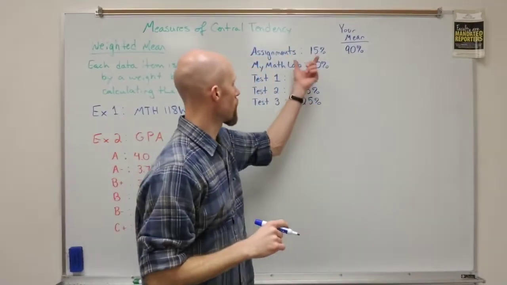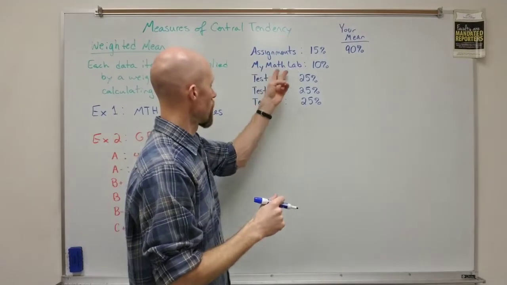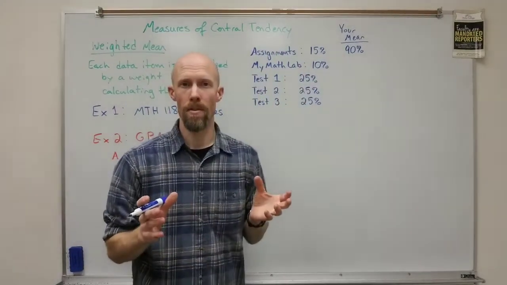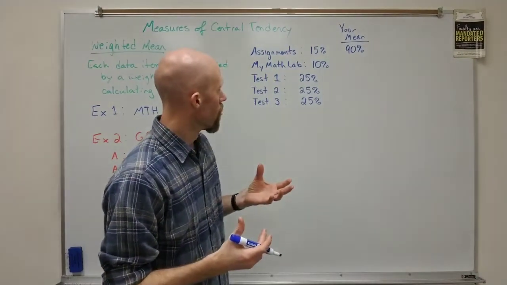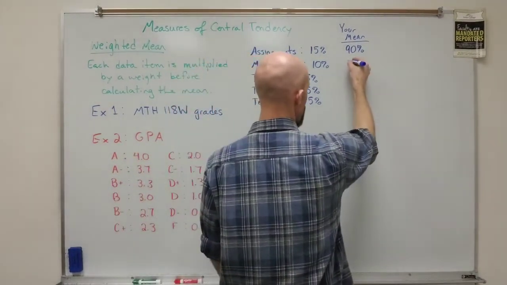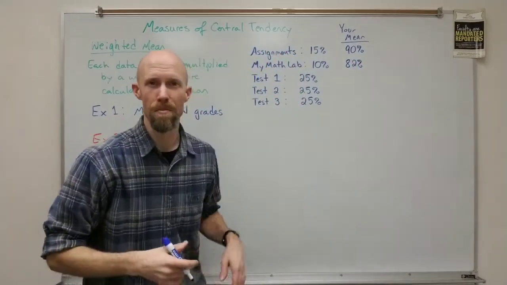So in the category of assignments, you've got 90% as a mean. The My Math Lab, out of all the My Math Lab assignments you have, let's say you're getting an 82%. I'm making something up here.